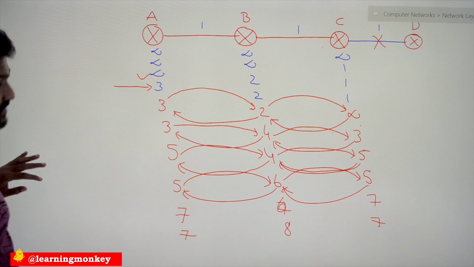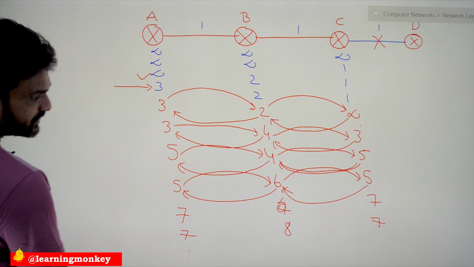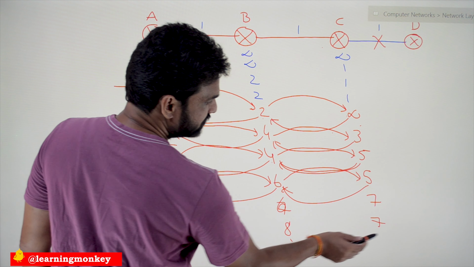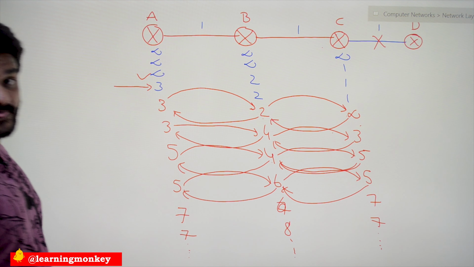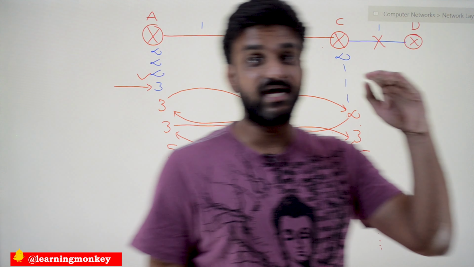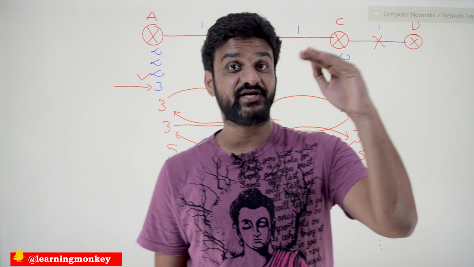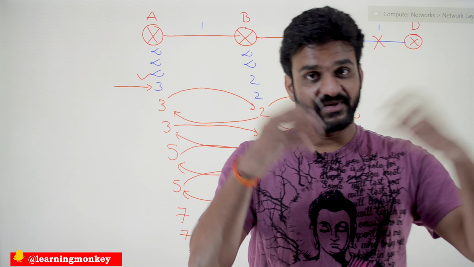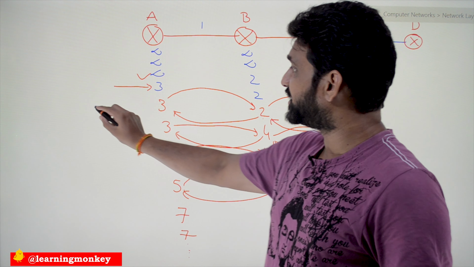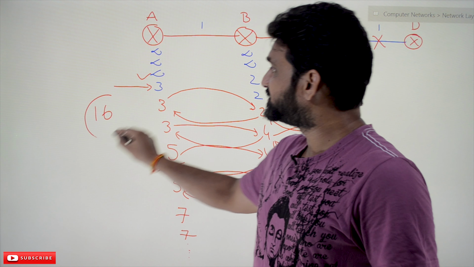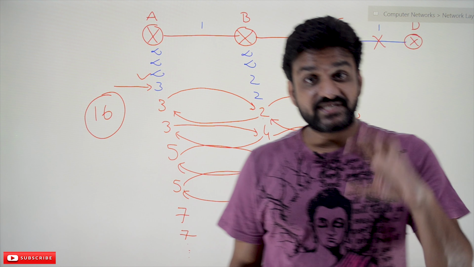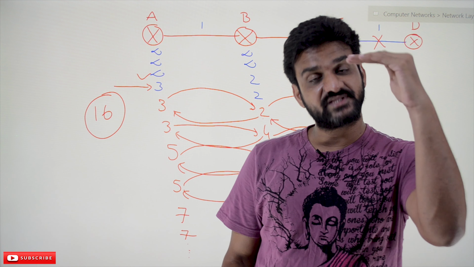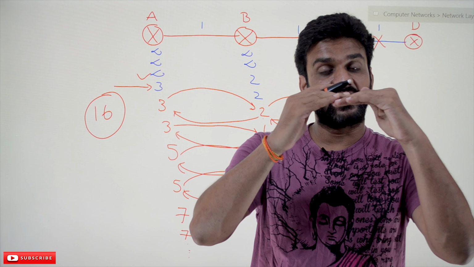If you go on, these values will go on up to infinity. As we don't know about infinity, an infinity threshold value is taken by the network. At most it is going to take the value of 16. So 16 means that value is the infinity value.